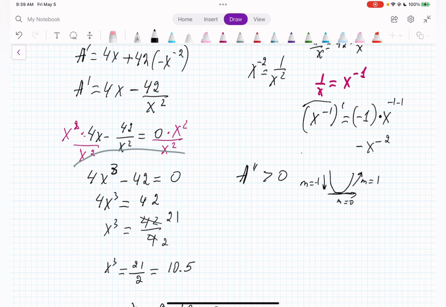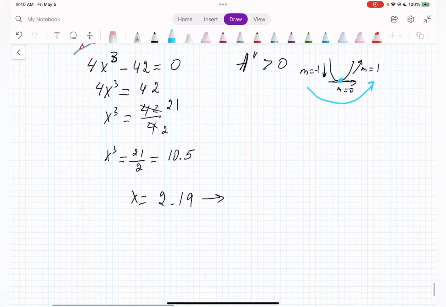If you wonder why I'm taking 1, you can take 2, 3, 5, whatever, but the bottom line is, on the left side it's going to be negative, on the right side, because it's rising, positive, and at the critical point it's 0. So it's concave up, which means this point is a minimum, meaning 2.19 is going to be our minimum.